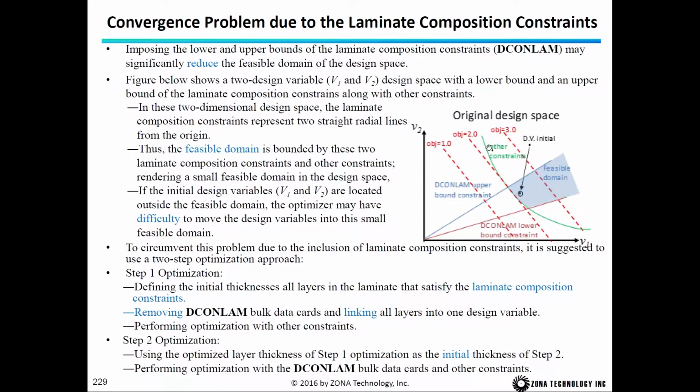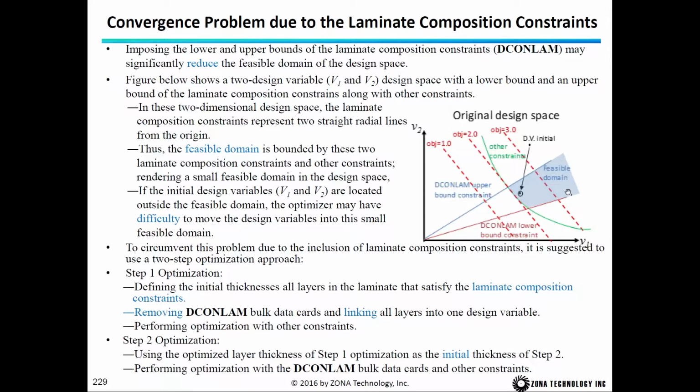This is the objective function, which decreases as V1 and V2 decrease. In this two-dimensional design space, the laminate composition constraint represents two straight radial lines from the origin. Therefore, the physical domain is bounded by those two lines and other constraints if we have any. So the physical domain is shown here.